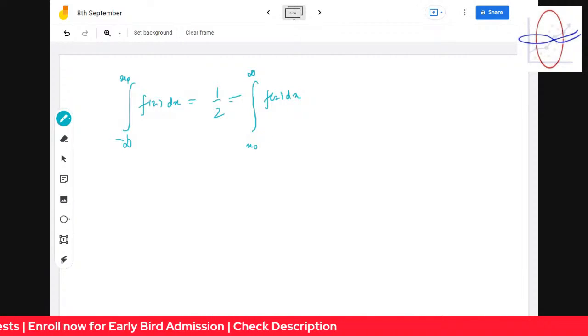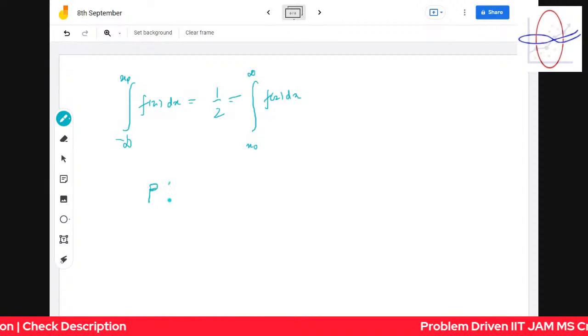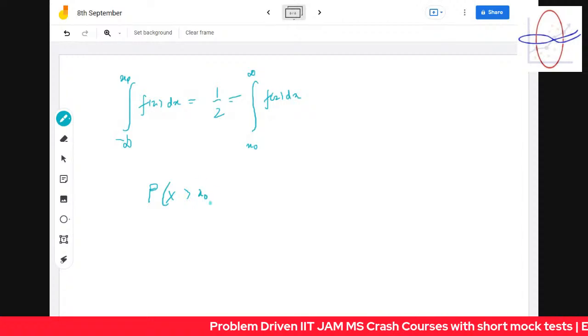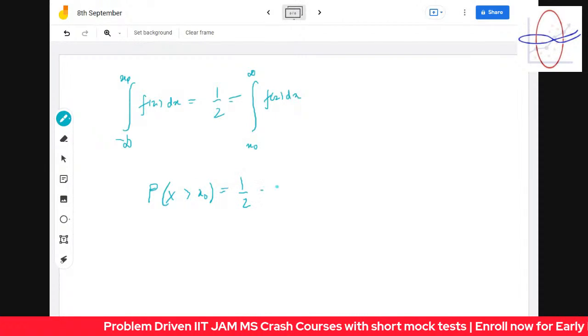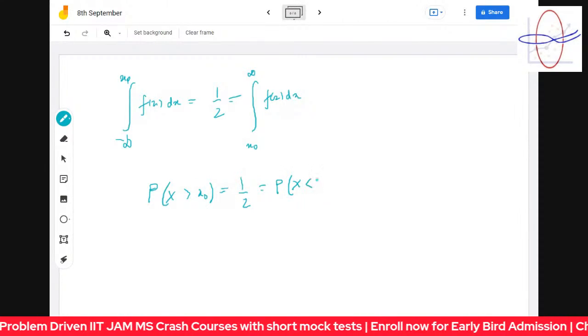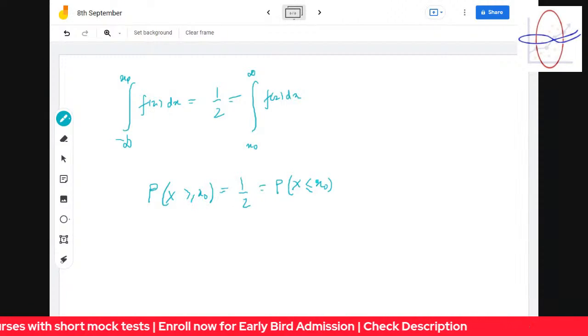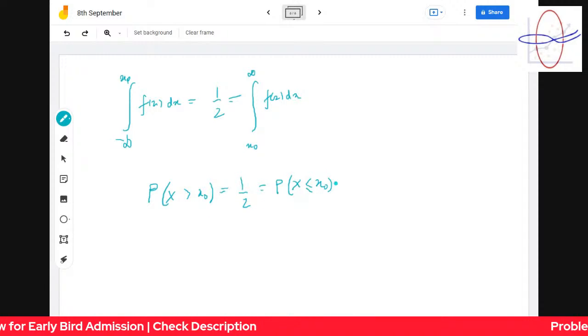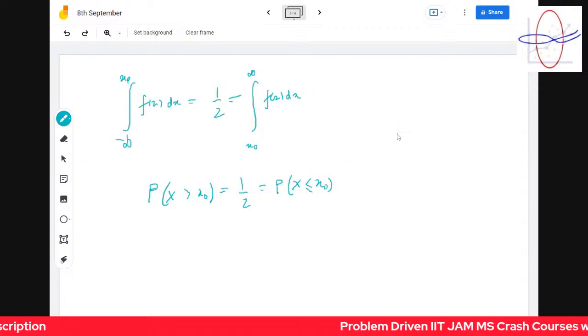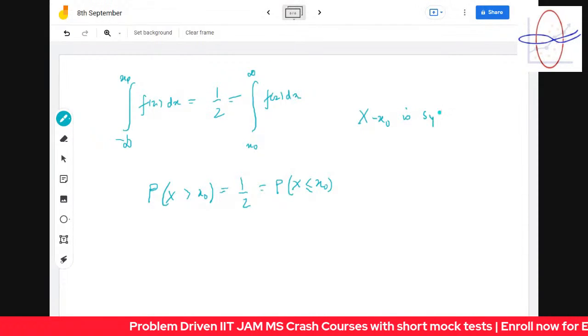Therefore probability of x greater than x naught is equal to half, which is equal to probability of x less than or equal to x naught. This is very interesting, very important. It is equal to half by the geometry. You can easily understand that since it's symmetric: X minus x naught is symmetric around 0.